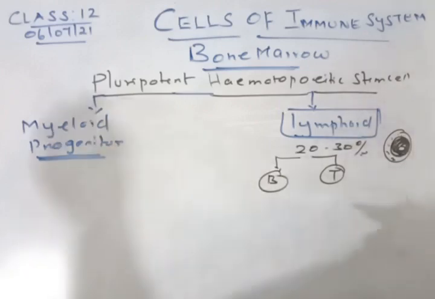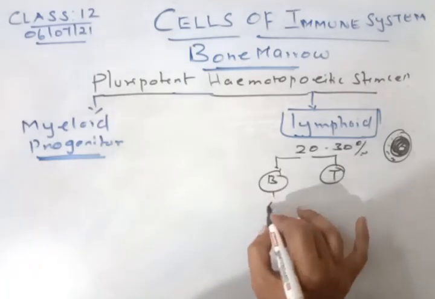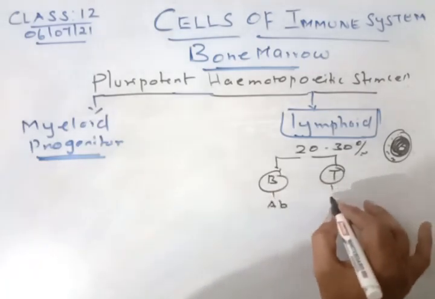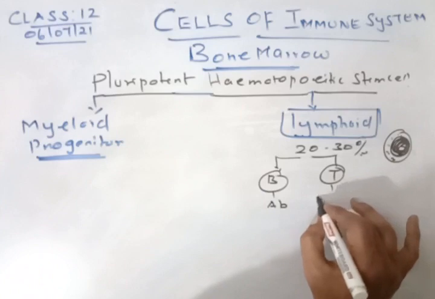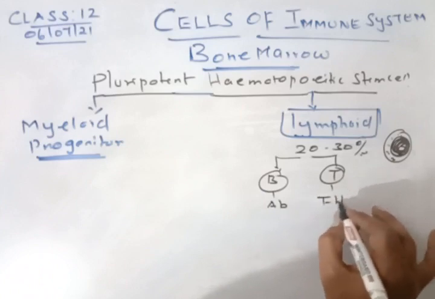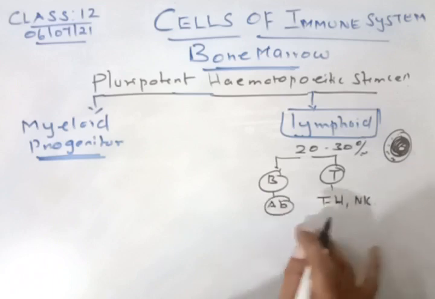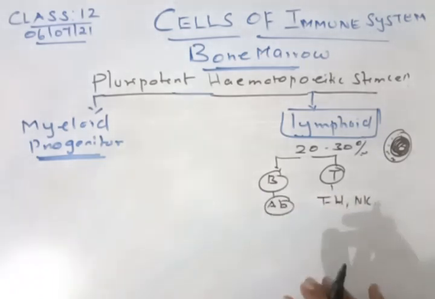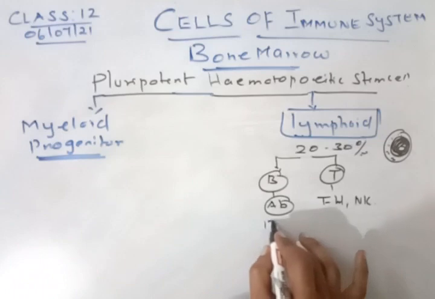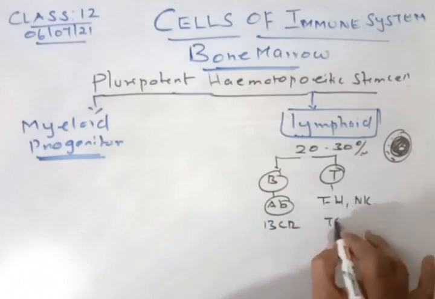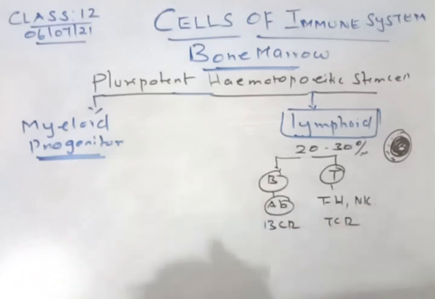The B cell will produce antibody, which we already studied. The T cells include the T helper cell as well as natural killer cells. All of these have receptors, called B cell receptors and T cell receptors, in order to bind with the antigen and destroy it.